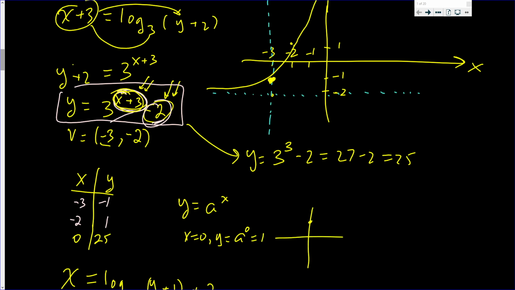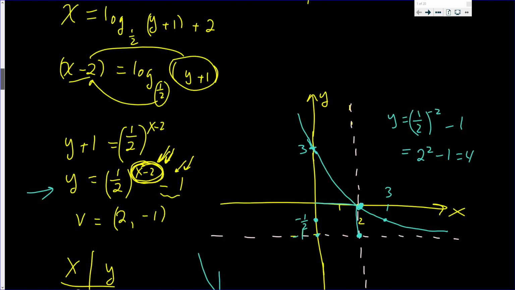In fact, it crosses one above the axes. One above. Well, look at this. Claiming it crosses one above.